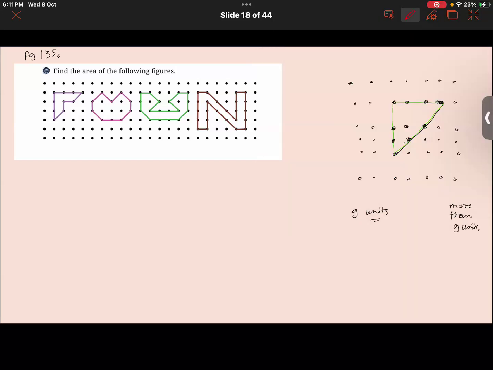That is 1 unit, again 1 unit, 1 unit, 1 unit, and like that. So how many units are there total? 1, 2, 3, 4, 5, 6, 7, 8, 9. Who is correct out of the two students?